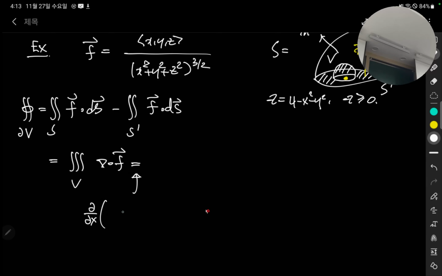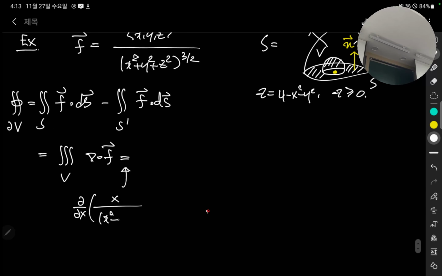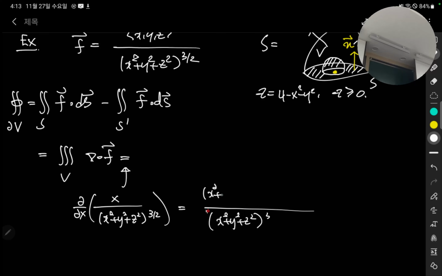First, the partial derivative of the x component: (x² + y² + z²)^(3/2) minus x times (3/2)(x² + y² + z²)^(1/2) times 2x.